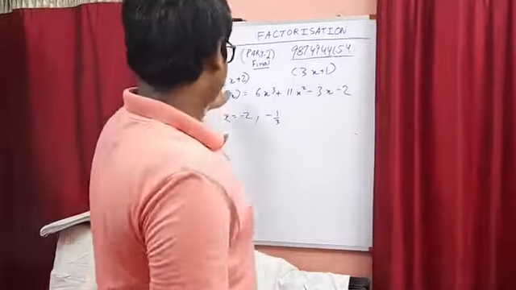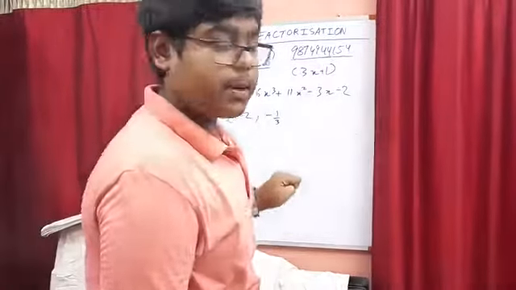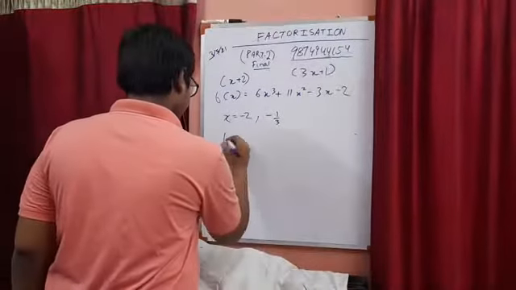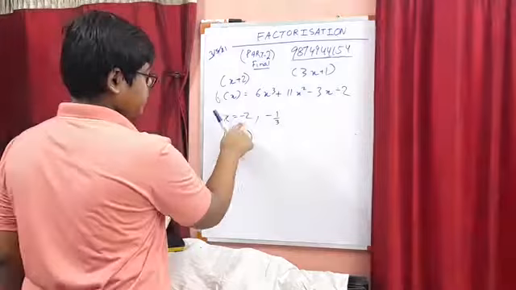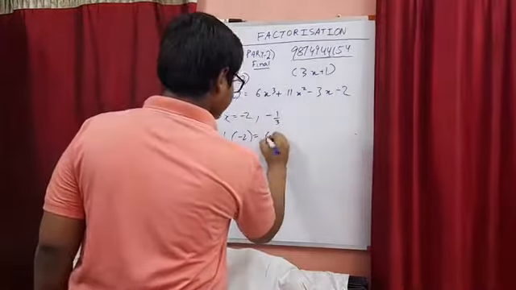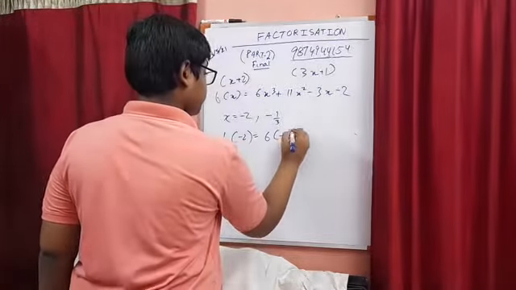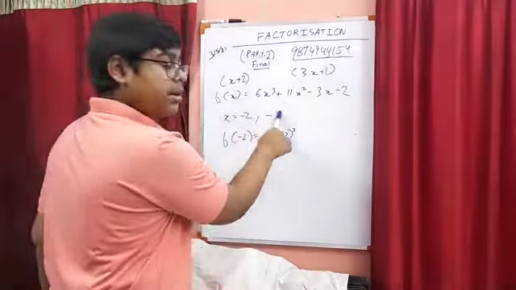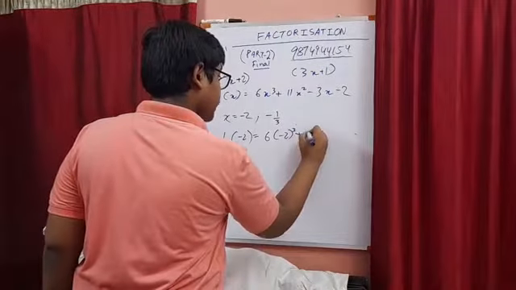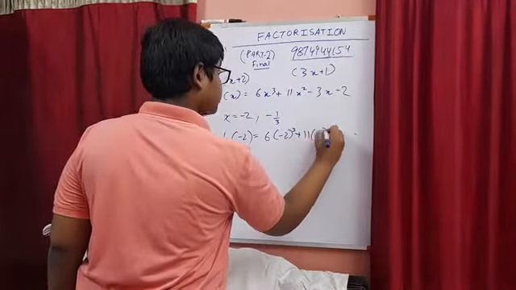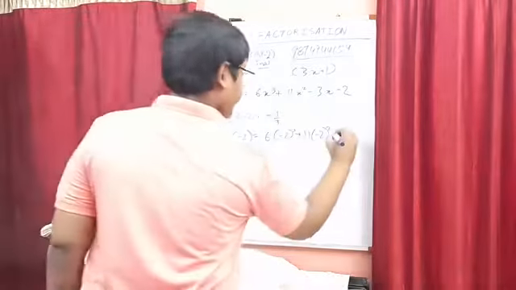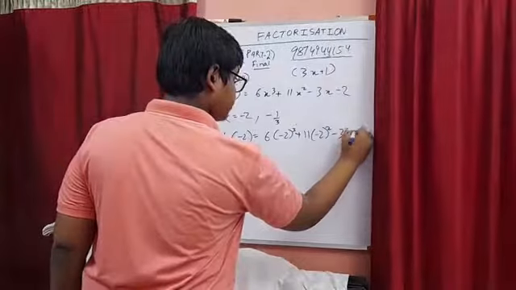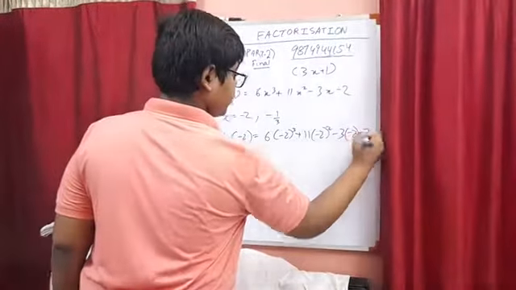Now we will go first with x plus 2. Therefore f(minus 2), x will become minus 2, is equal to 6 into (minus 2) cubed plus 11 into (minus 2) squared minus 3 into (minus 2) minus 2.